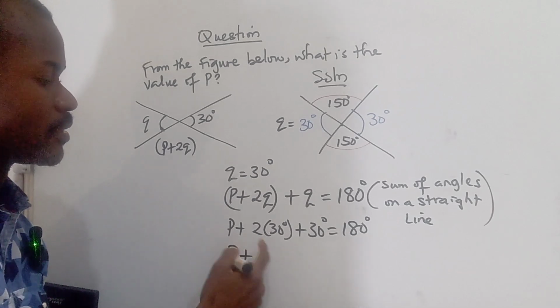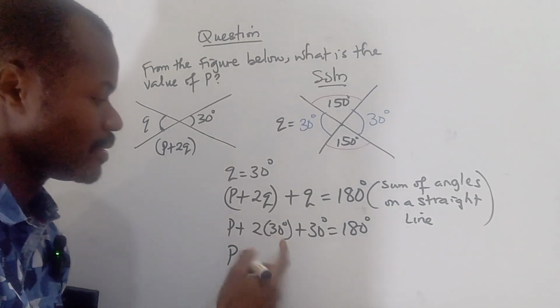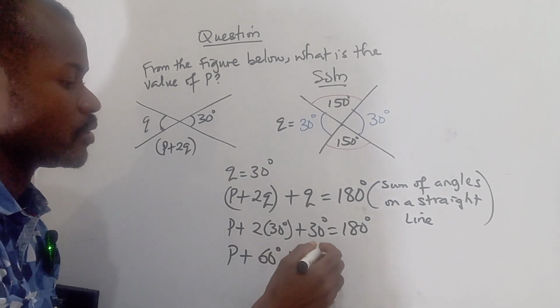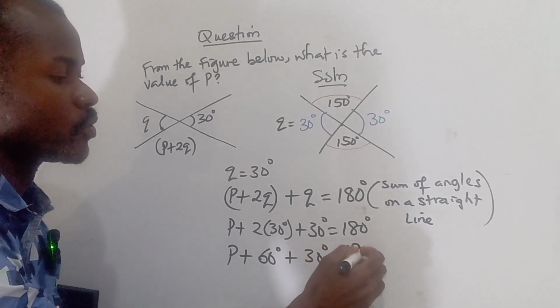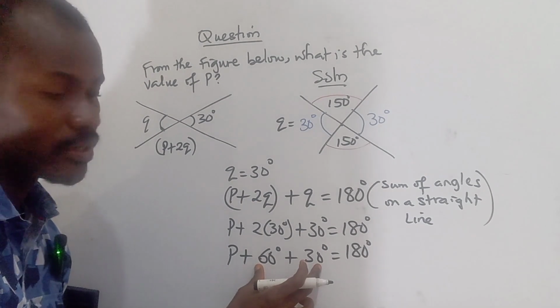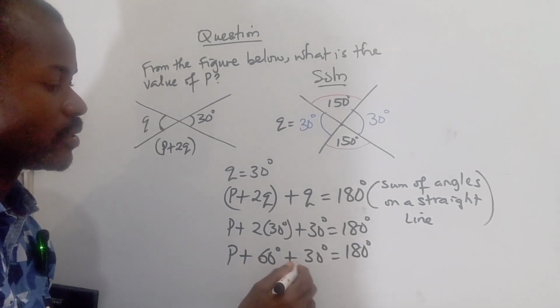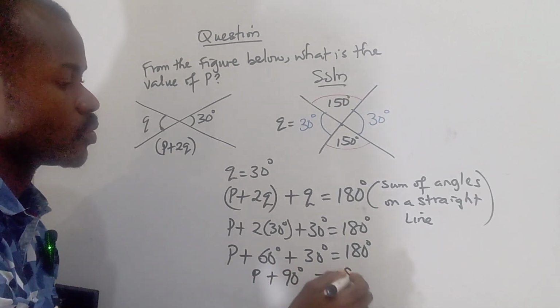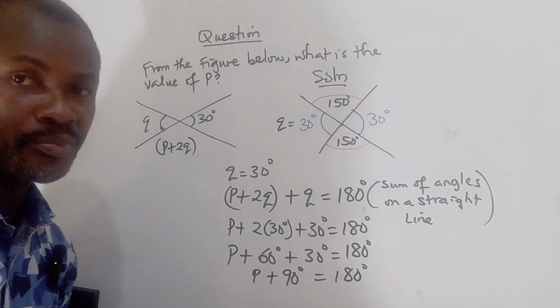So P plus 2 times 30 is 60 degrees plus 30 degrees is equal to 180 degrees. Remember, 60 degrees plus 30 degrees will give us 90 degrees. So P plus 90 degrees equals 180 degrees.